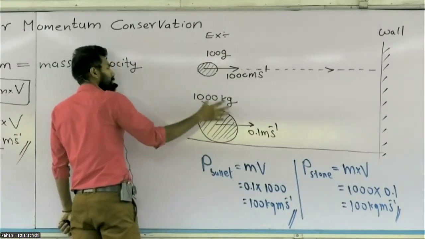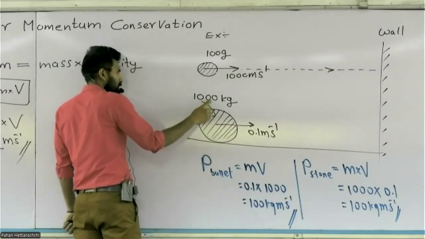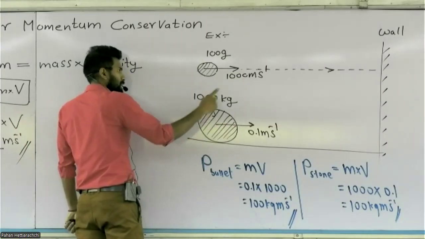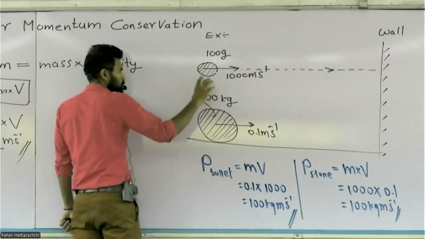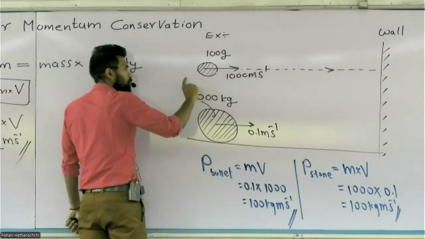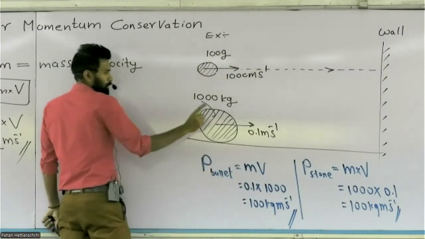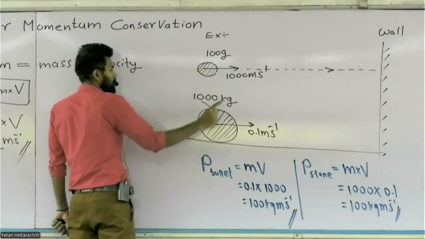And again, there's a heavy stone thrown towards the same wall. As it is heavy, you can't provide the velocity like a bullet. So it's a smaller one, 0.1 meters per second. Now both the stone and the bullet are moving towards the wall.